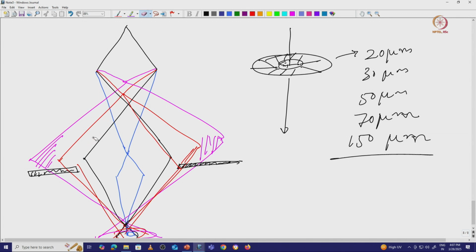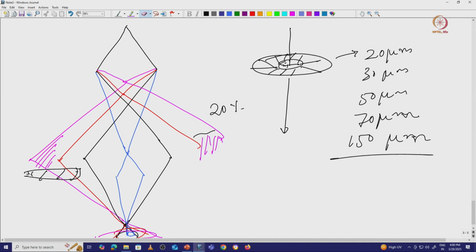We have an aperture diameter of only this size, which blocks some percentage of the electron beam. You can consider that 20% of the electron beam is blocked. Now the second possibility is that I have this aperture and I want to increase the aperture size.